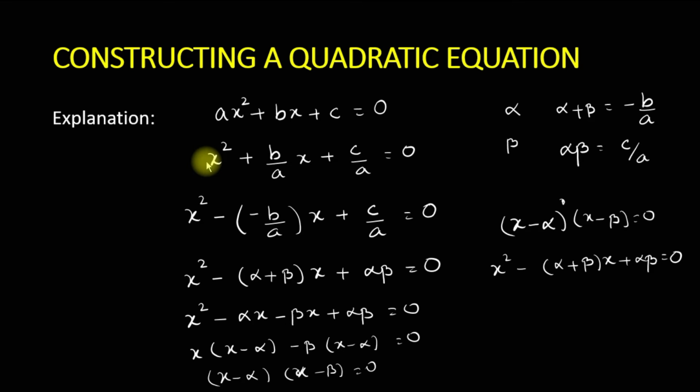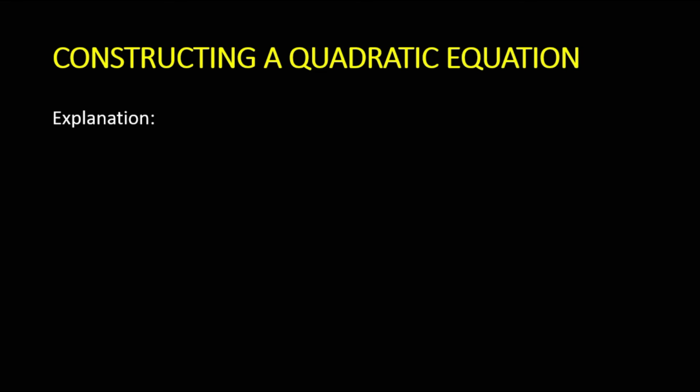Now let us take an example. If you have to form a quadratic equation whose roots are 3 and minus 2, so alpha is equal to 3 and beta is equal to minus 2. Either you can write this in factorized form. If alpha and beta are the roots of a quadratic equation, the equation can be written as x minus alpha into x minus beta, equal to 0.